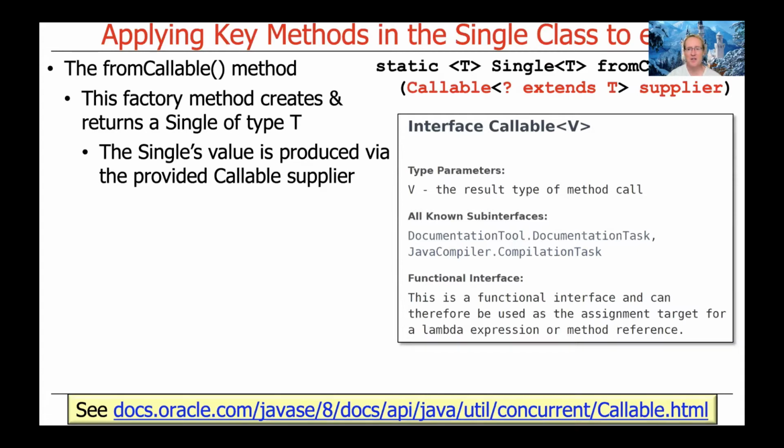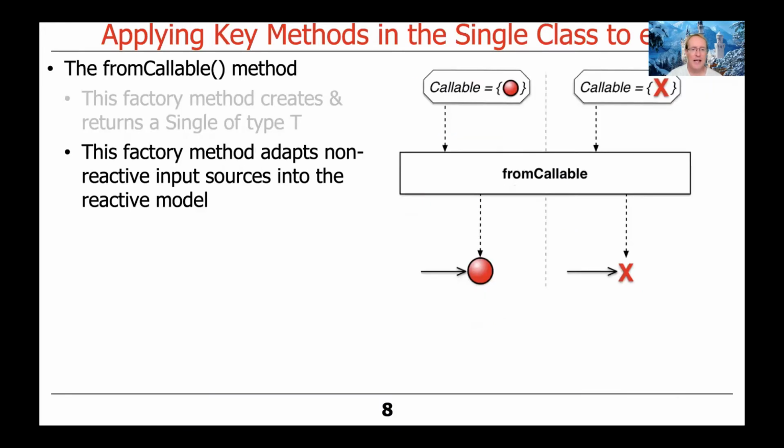In a sense, this joins together the world of asynchronous reactive programming with the world of more traditional synchronous programming. Callable is a class that's been around since Java 5 in 2004, about 16 years ago. It has a method called call that takes no parameters and returns a result. So we can use it as a factory to start things rolling.